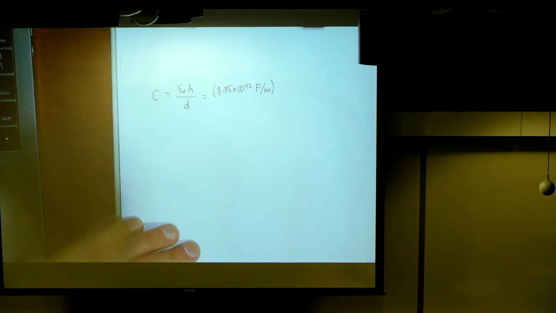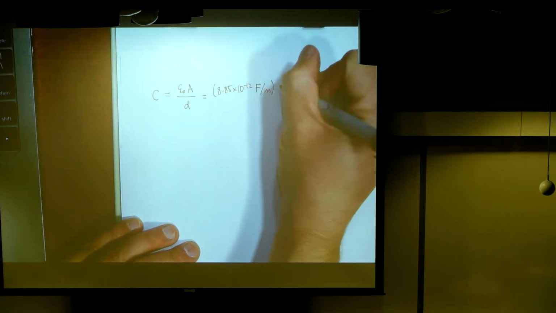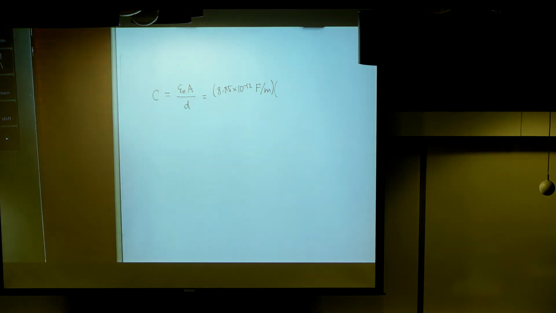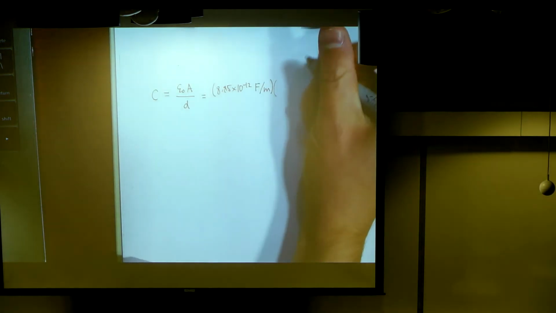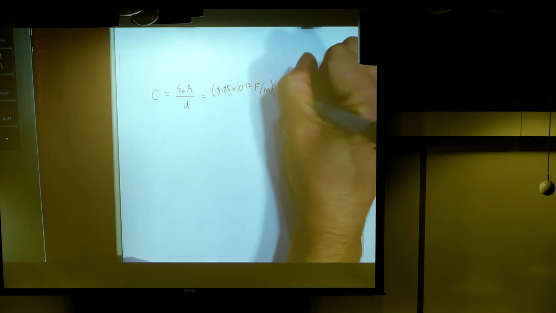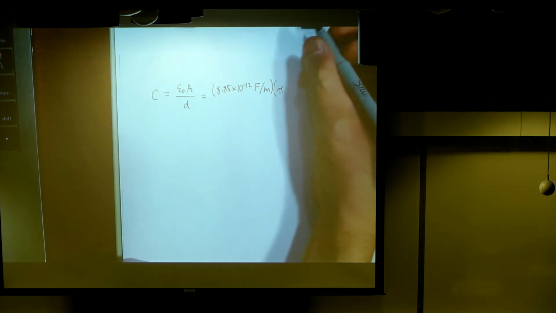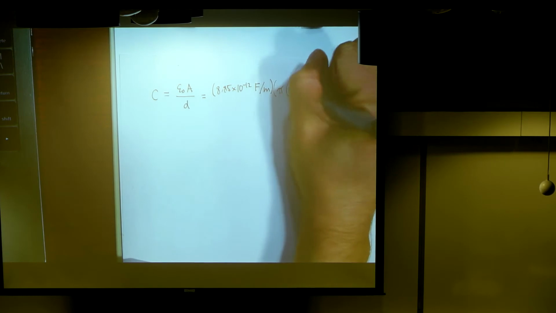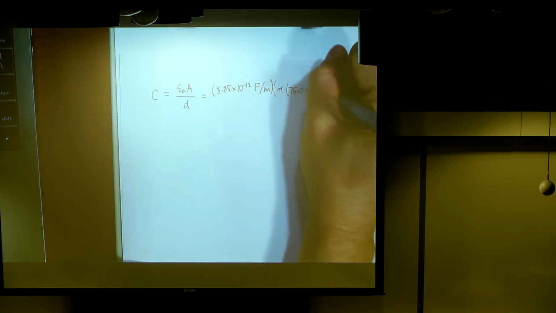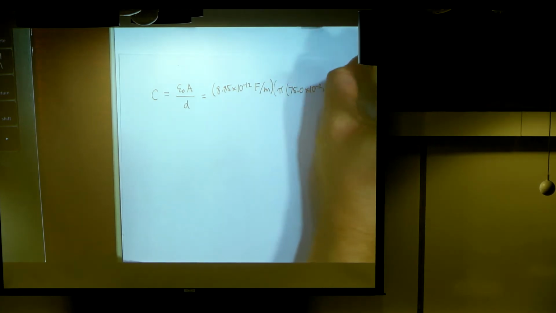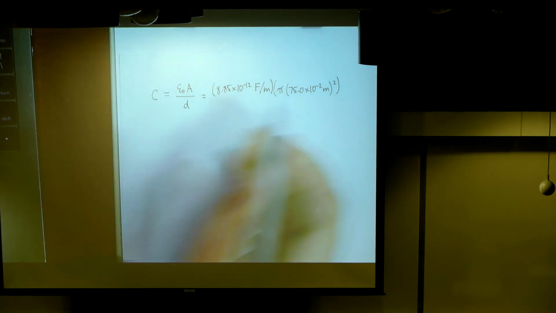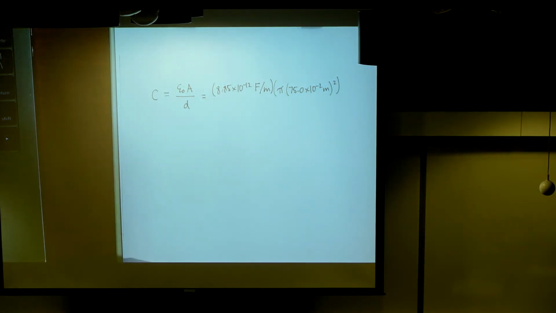But let's just write the rest of the numbers out. The area is going to be given by what? Circular plates, right? What's the area formula? Okay, so we have pi. The radius is 75 centimeters, 75.0 times 10 to the minus 2 meters. Let's square that, so that's the area right there, pi r squared.